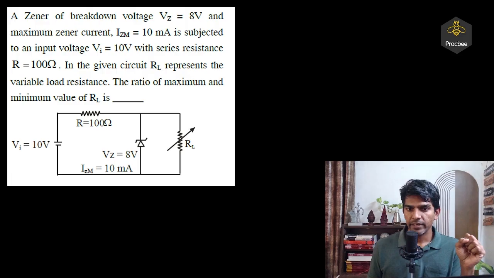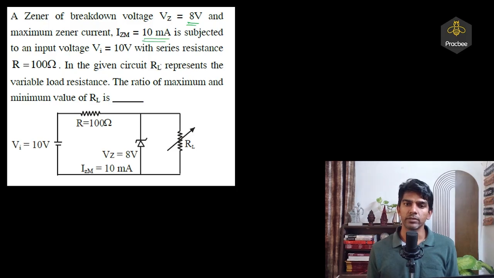Now let us see another type. A Zener of breakdown voltage 8 volt and maximum Zener current is 10 milliampere. So maximum Zener current is given and is subjected to an input voltage of 10 volt. So here 8, so across the input resistance will be having 10 minus 8, that will be 2 volts, and this will give us the input current.